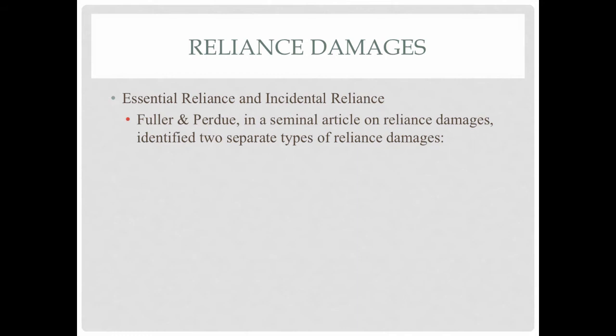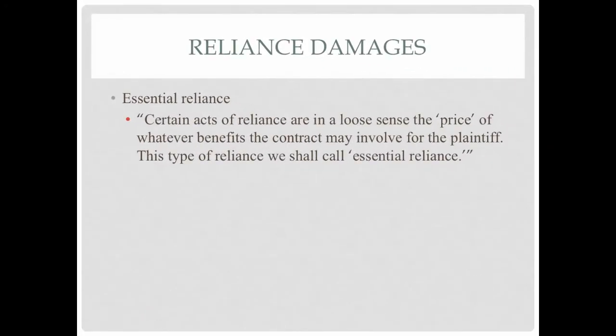In their article, Fuller and Purdue identify two different types of reliance damages. The first they called essential reliance, which I would also call direct reliance or direct damages, and second, incidental reliance damages. To identify essential reliance damages, Fuller and Purdue describe this as certain acts of reliance that are, in a loose sense, the price of whatever benefits the contract may involve for the plaintiff.